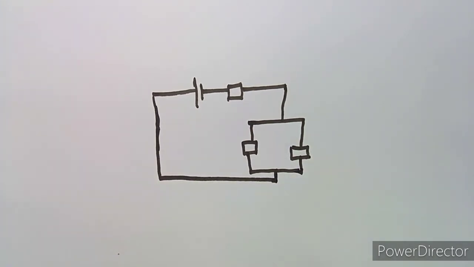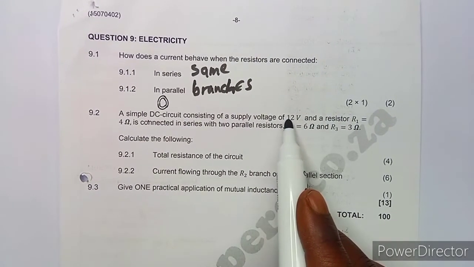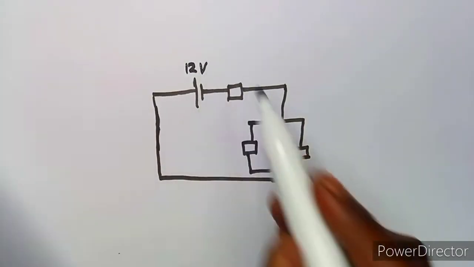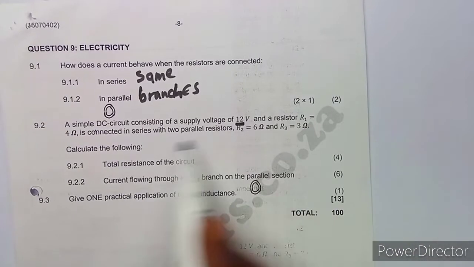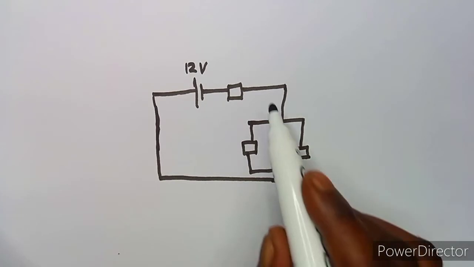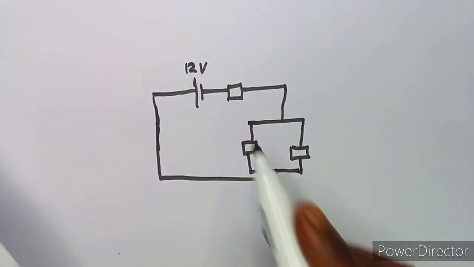Okay, so this is a simple DC circuit consisting of a voltage, which is 12 volts here. So this is your supply, which is 12 volts, and R1, which is 4 ohms, connected in series with two parallel resistors. So this is in series with these two, but these two are in parallel. So R1 is 4 ohms.